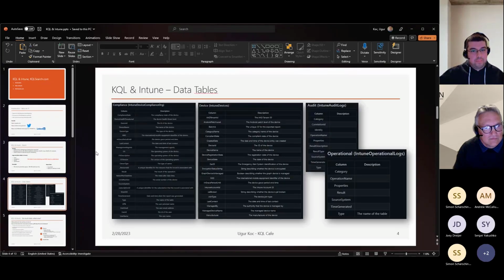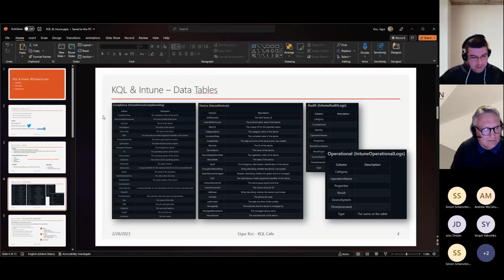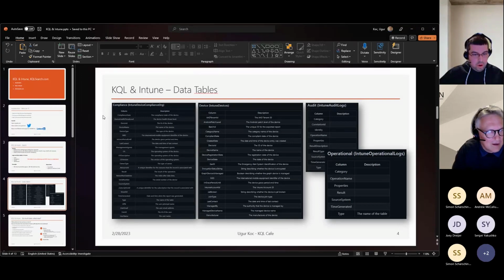So these data tables in Intune are divided in 4 parts, as I mentioned earlier. It's compliance, device, audit, and operational. If you think about these devices, when we manage them, we need information like device names, who is the user using this device, what's the OS update version of the device, do we need to patch it to the newest version from Microsoft, for example, but also data about device IDs, compliance state, and so on and so forth.